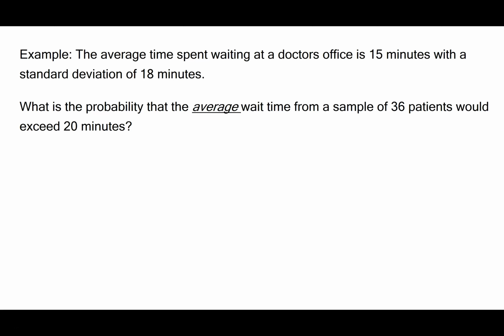What is the probability the average wait time from a sample of 36 patients would exceed 20 minutes? So here, this is my n. So 36, it's higher than 30. We know that the central limit theorem is going to kick in, and we can say, okay, well, that distribution of x bar is going to be roughly normally distributed with a mean of mu and a standard deviation of sigma over root n, which we can find.